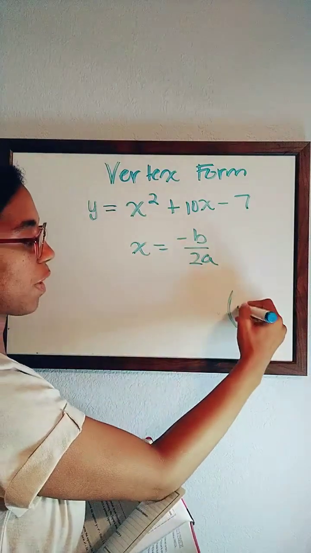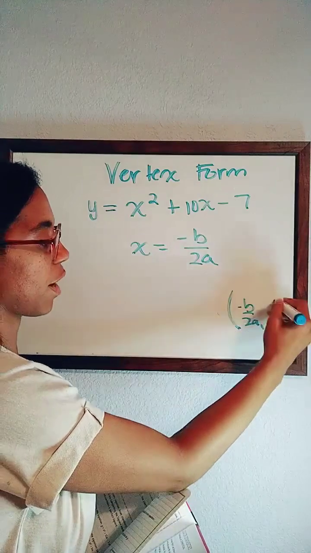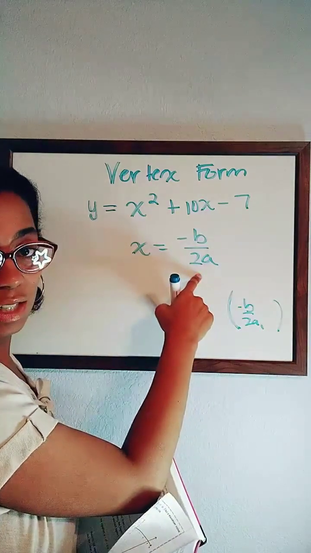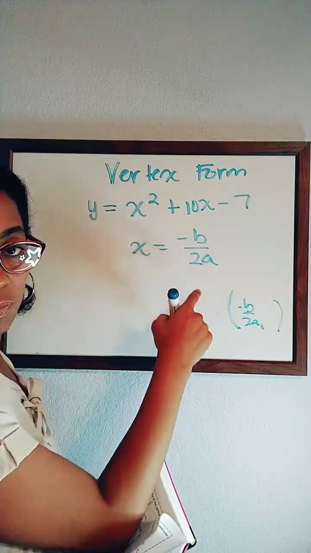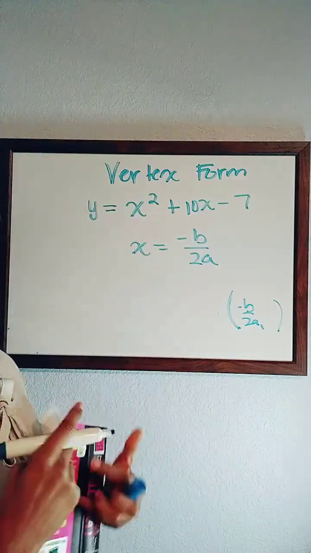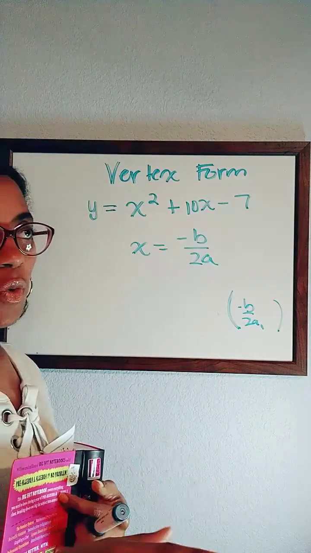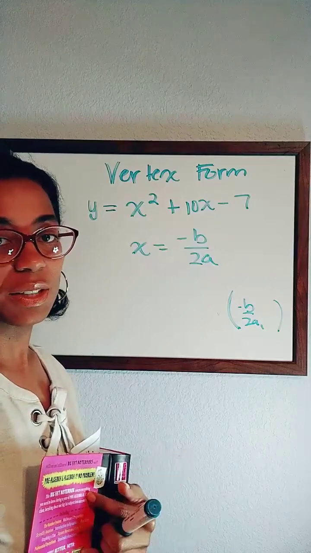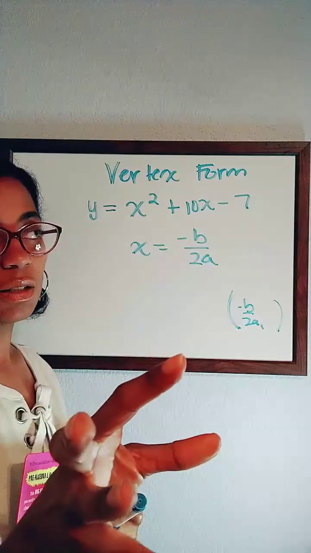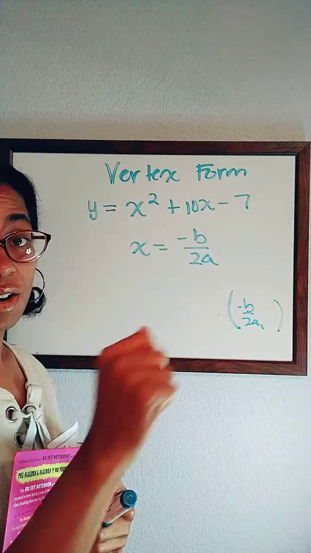So whenever you're finding the x value for your vertex, you're going to set it up like this. No, so if it's already in that form, you don't touch it. You just leave it alone and you take the numbers that are in those positions.